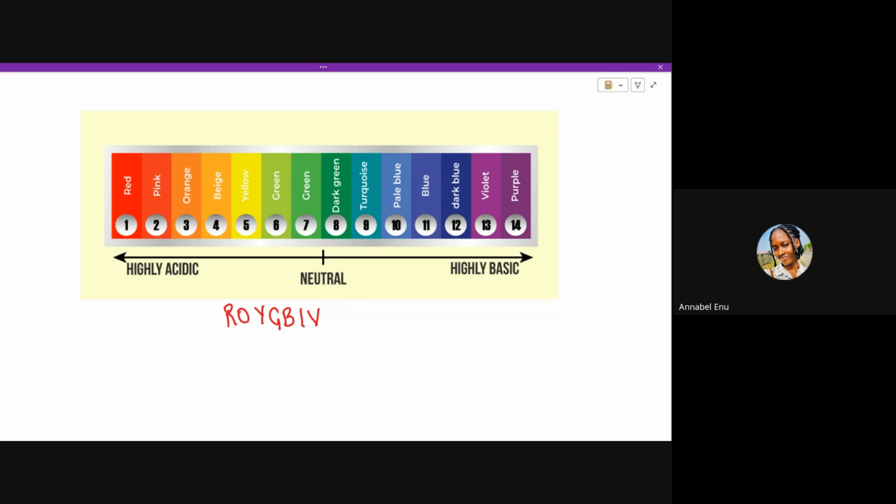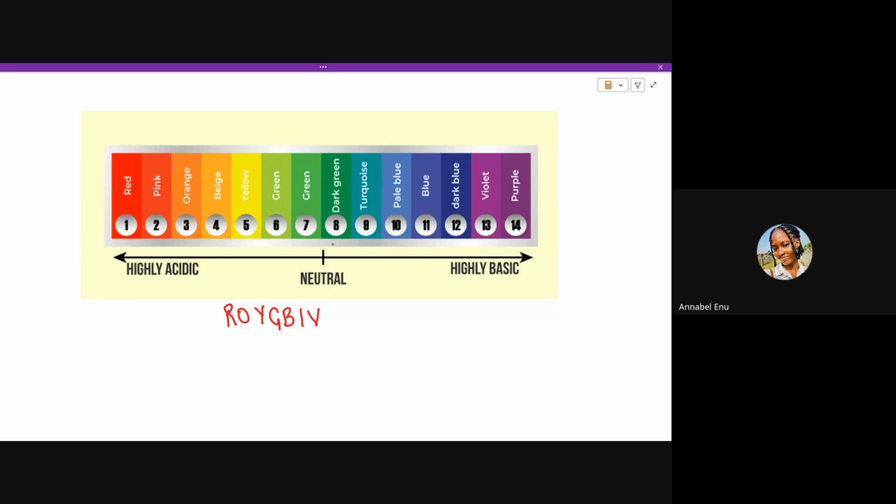I think it is the colors we can get from white light and all these physics things, and also colors of the rainbow, I believe. So we can use this to actually know the colors that make our universal indicator, because you can also be asked questions from this.